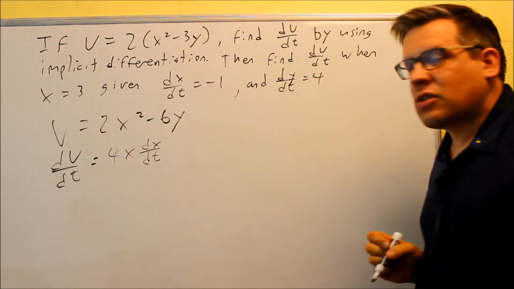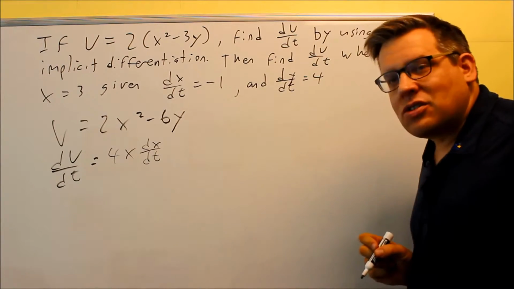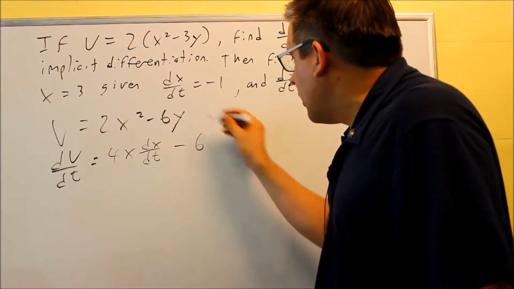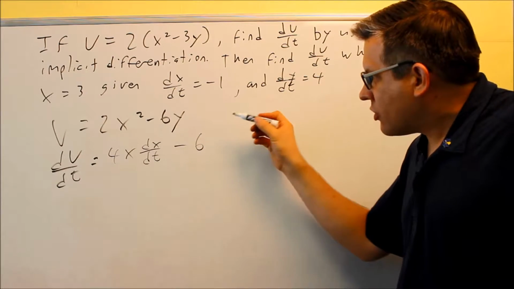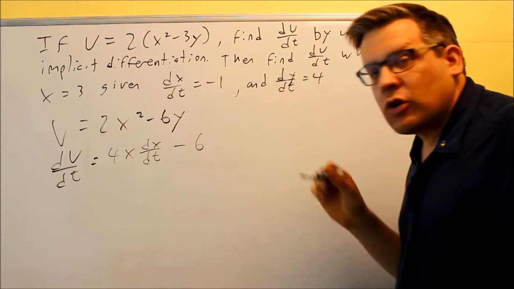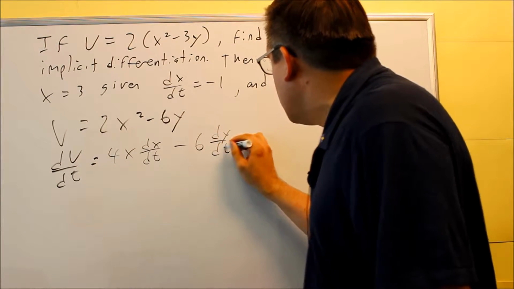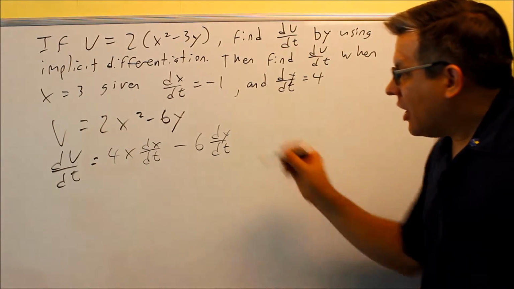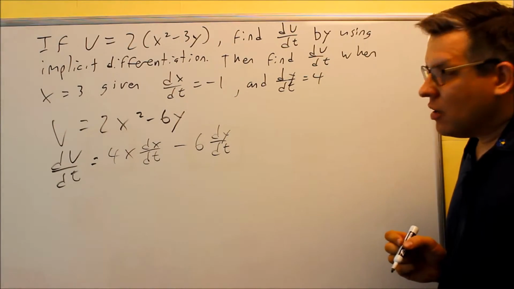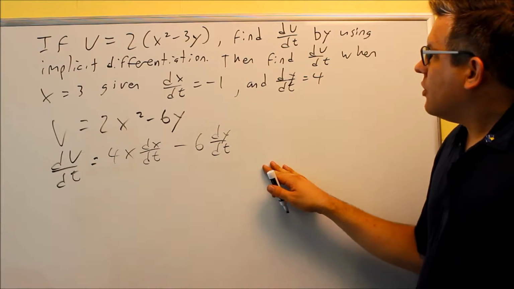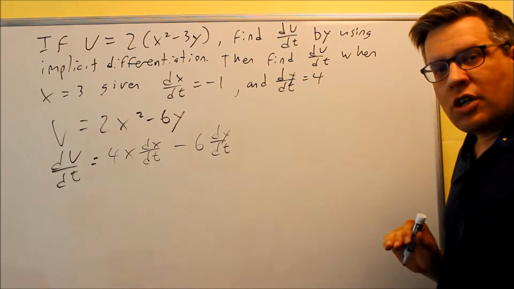We're doing that with respect to time, so we get a dx dt there. Then we get minus 6, and there won't be a y there, because normally, using the power rule, this would be a power of 0, so that's gone, but we still have to put dy dt there on the end because we're doing the derivative of the inside. So this is the first thing they wanted us to do, find dv dt by using implicit differentiation.